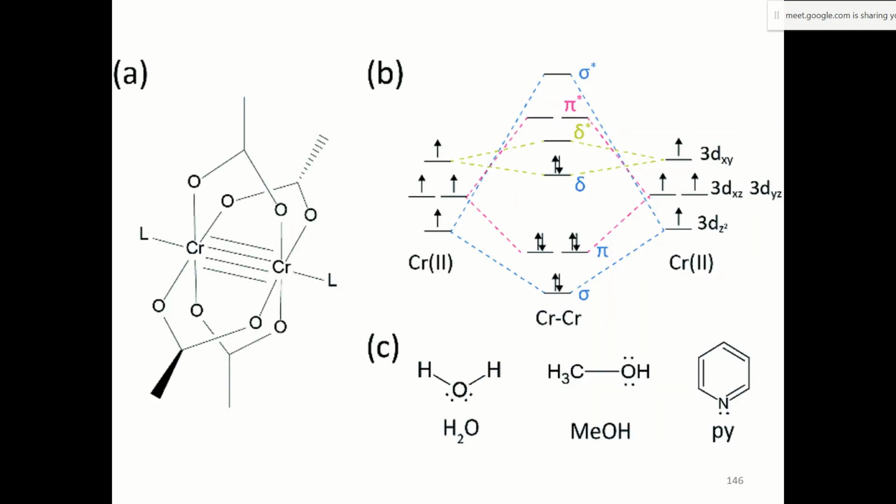So this kind of scheme you can make up for chromium here, look at this, dz square giving you this orbital, pi due to the combination of xz yz, and delta due to combination of these orbitals.